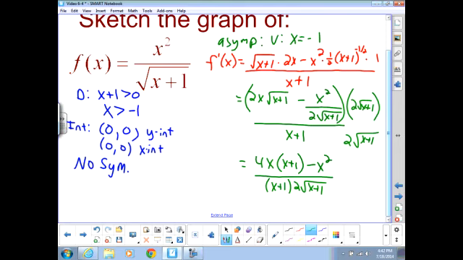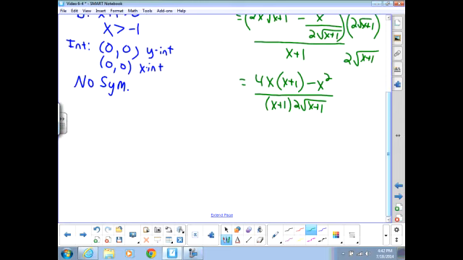To neaten this up a little, distributing the 4x will give us 4x squared plus 4x minus x squared. Think of that square root of x plus 1 as x plus 1 to the 1/2. So you have an x plus 1 that's to the first, and an x plus 1 that's to the 1/2.